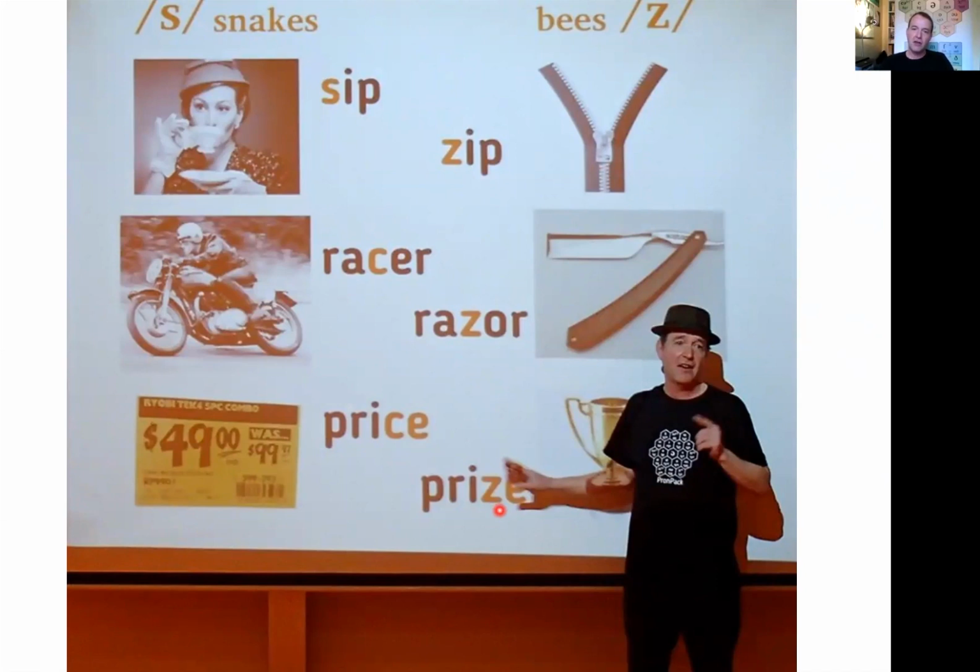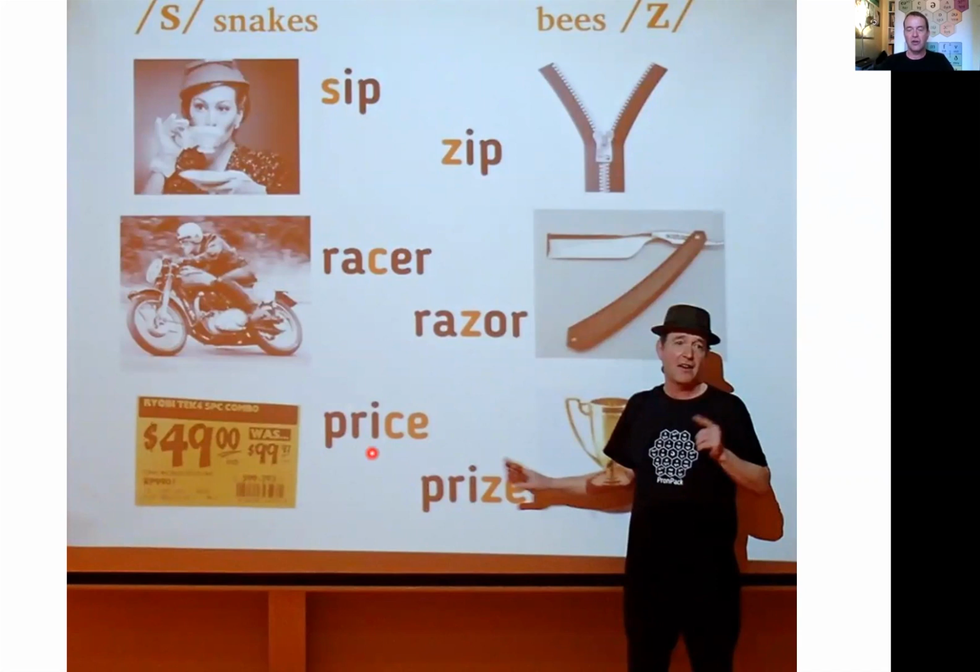So there's another clue here. It's the vowel sound before is shortened when the consonant is unvoiced. So, for example, price, the I, is a little bit shorter than the prize, I.